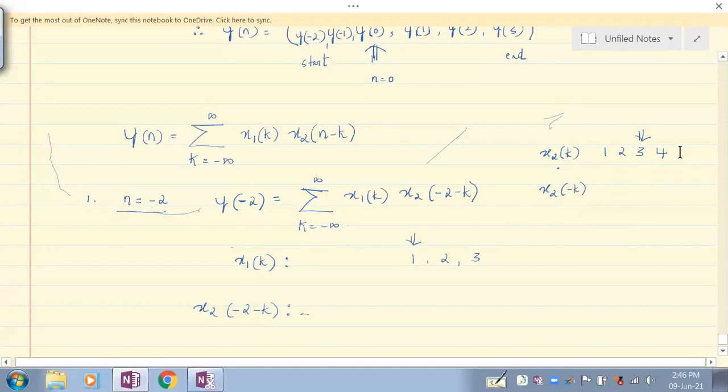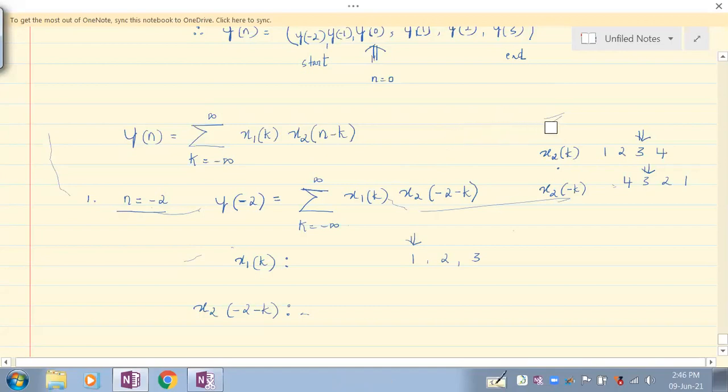Just take the reflection. So this is the n equal to 1 sample, or k equal to 1 sample, when we take it inside this convolution sum. So this would become the minus 1 sample. Fine, this is 4, 3, 2, 1. So this is x2 of minus k. Now you listen to me very carefully.